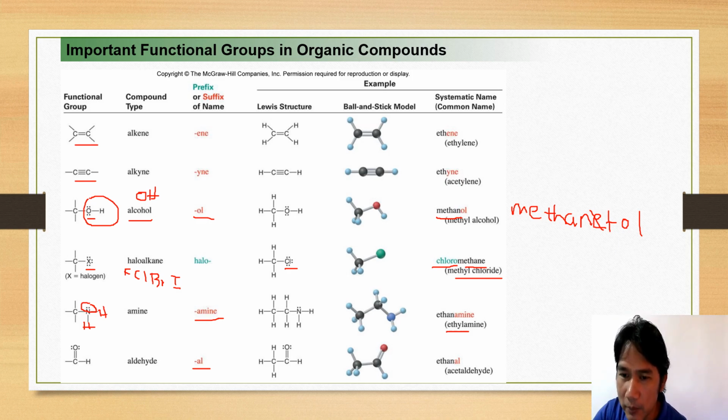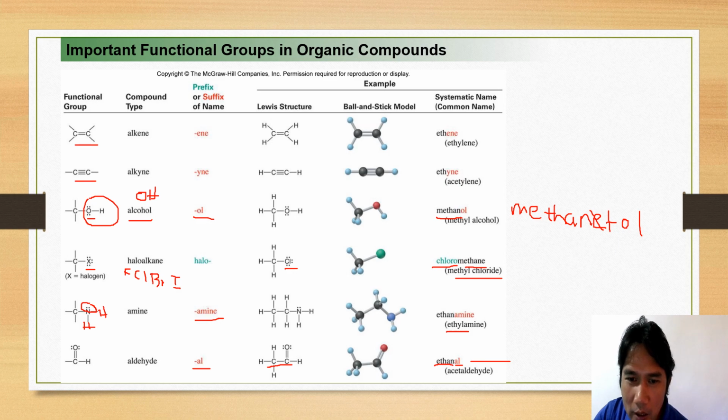So in this example, there are 2 carbon atoms, and the root word is ethan, or ethane. Then we just add al at the end as a suffix. So the scientific name, or the IUPAC name, is ethanal.